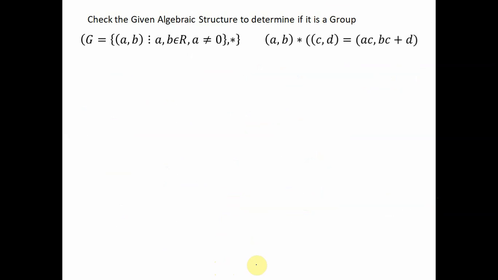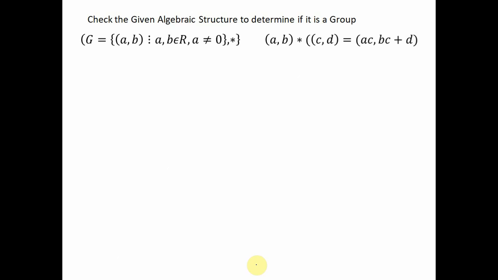Let's take a slightly different type of example. Now please see this example carefully. In this case, the set that we have is a set of pairs. Here the set is not of simple elements, it is a set of pairs.